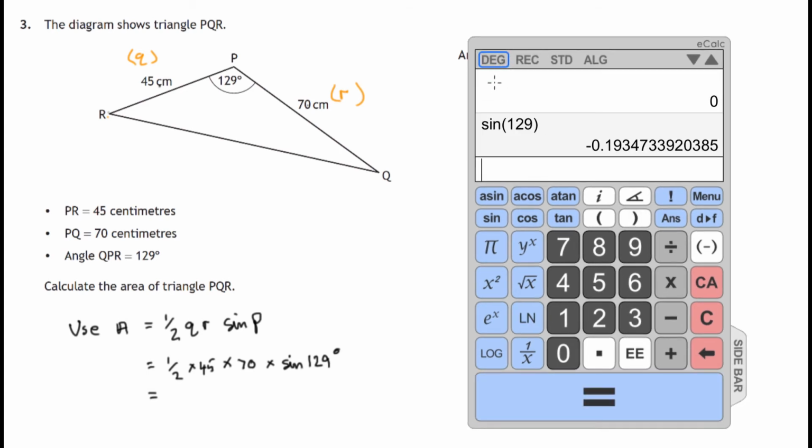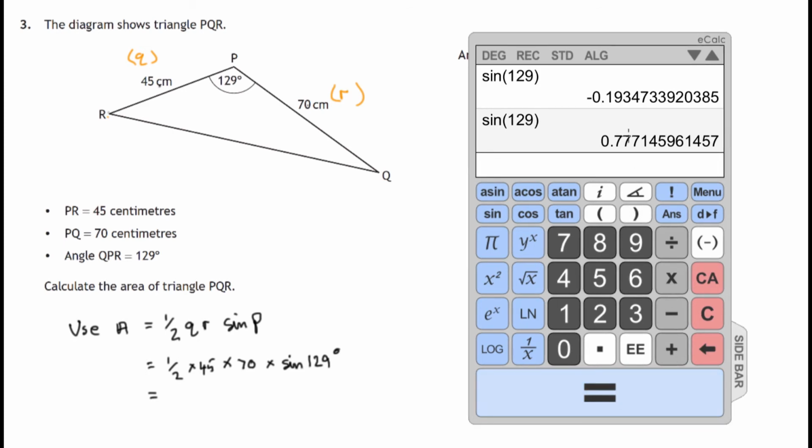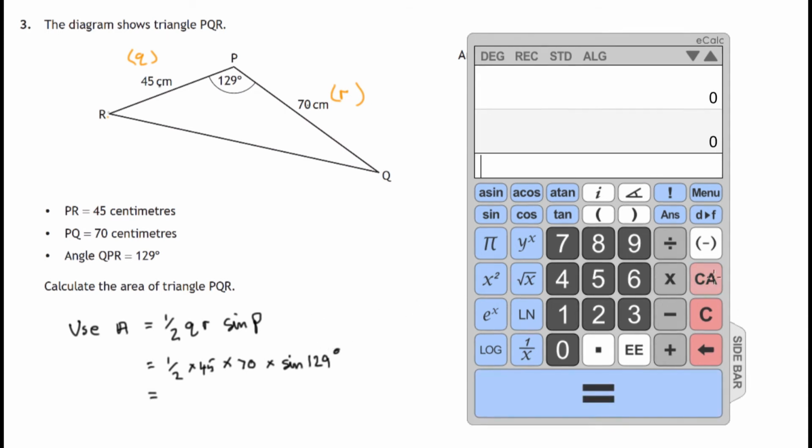If I put it in degree mode and try exactly the same thing, the sine of 129, two different answers. So you will not get the right answer to this calculation if your calculator is not in degree mode, so watch out for that. Anyway, let's go with that.